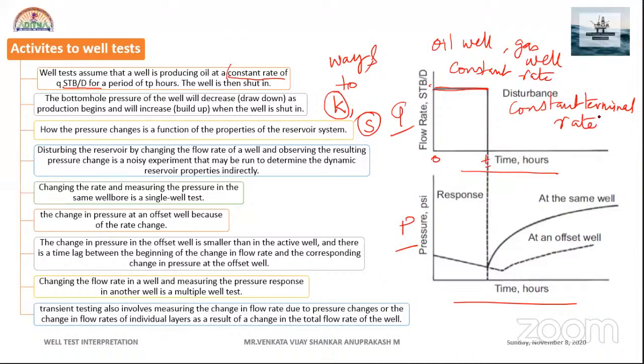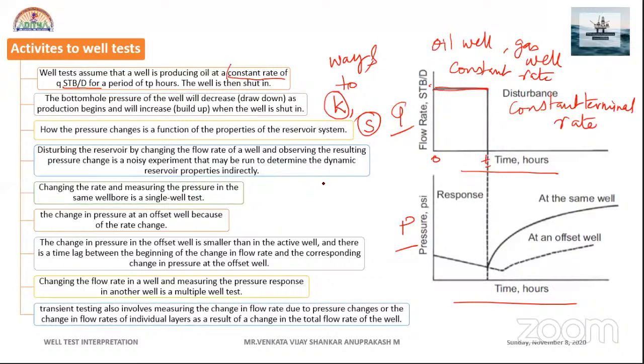As I told you about a doctor, he takes the breathing and the pulse, and based upon that he will say, okay, you are good, or your health is not good. Similarly, in the well test, we can extract different things from only these two values.